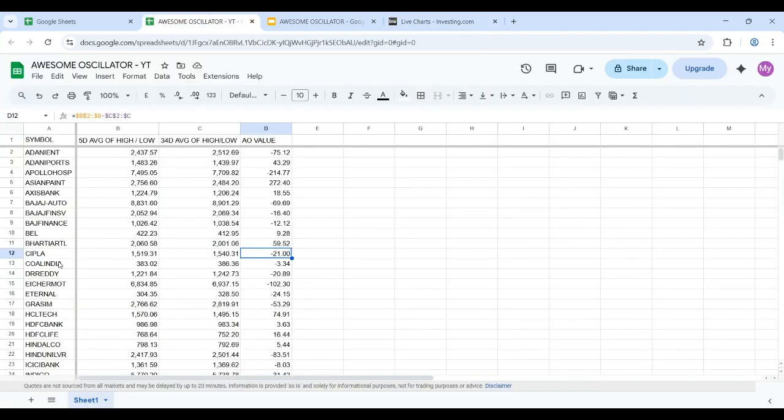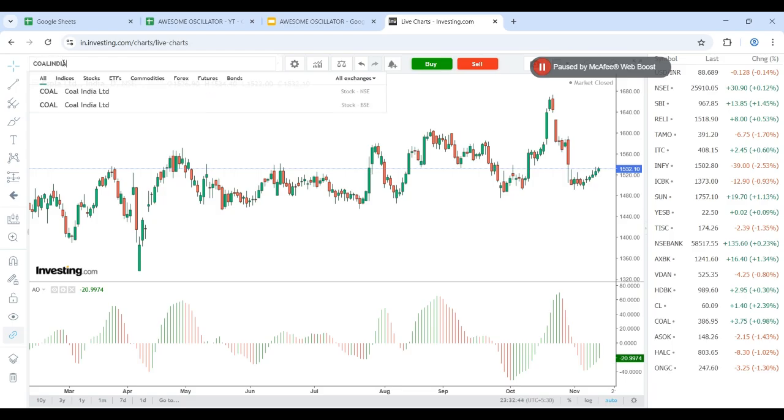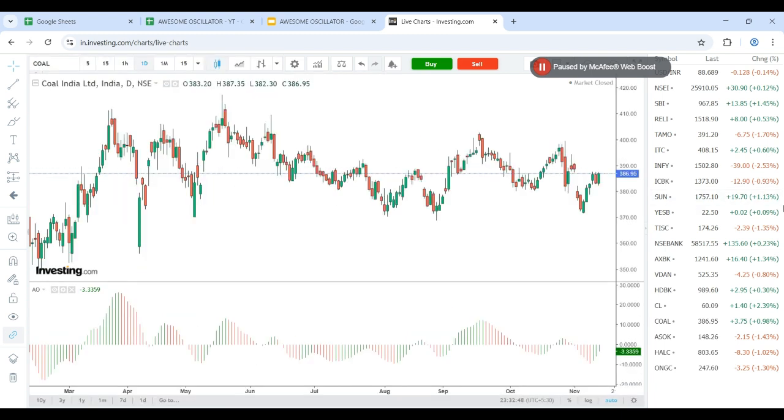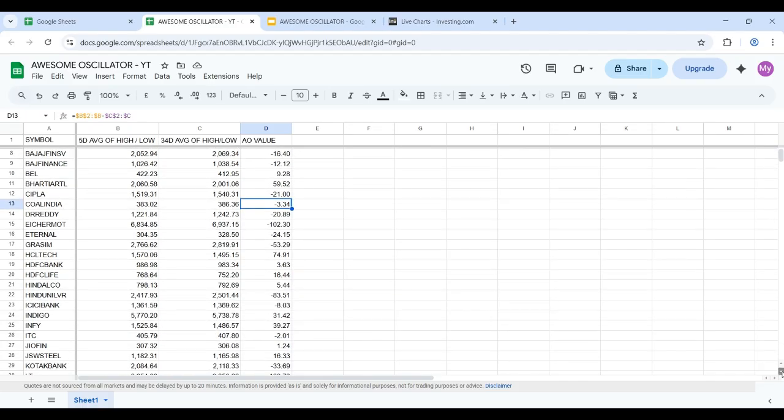Now we'll see Coal India. Minus 3.34. Let's see. Yeah, minus 3.3369 something, minus 3.34, almost 99.999% correct.